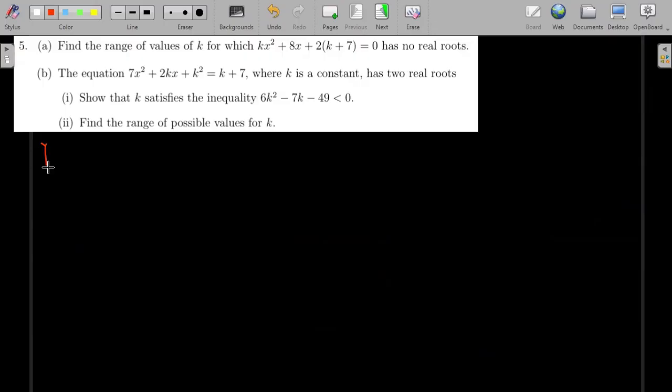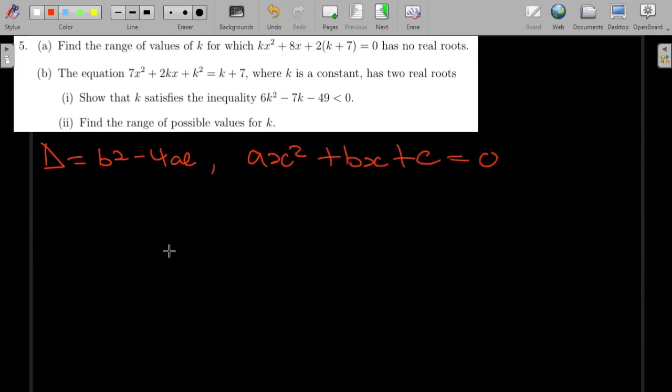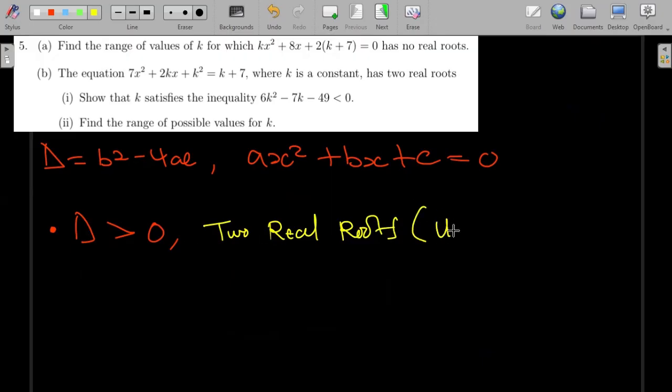So I'm going to say discriminant is equal to b squared minus 4ac, and this is for the general form of a quadratic equation. Situation number one is when the discriminant D is greater than 0. When the discriminant is greater than 0, we say this quadratic equation has two real roots, and these two real roots should be unequal.